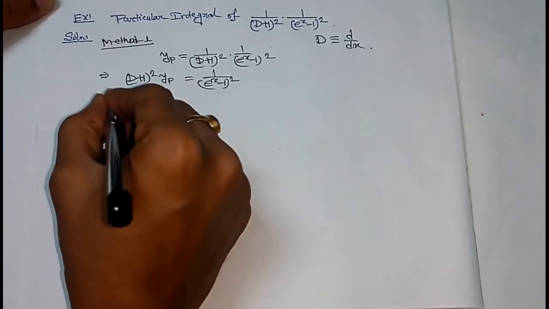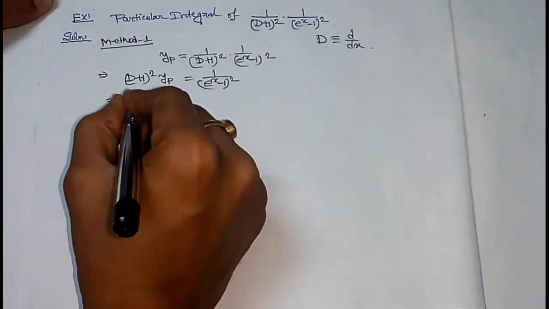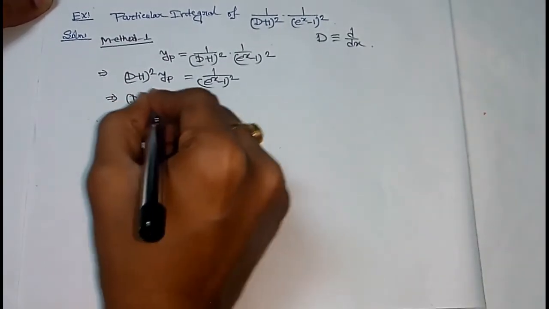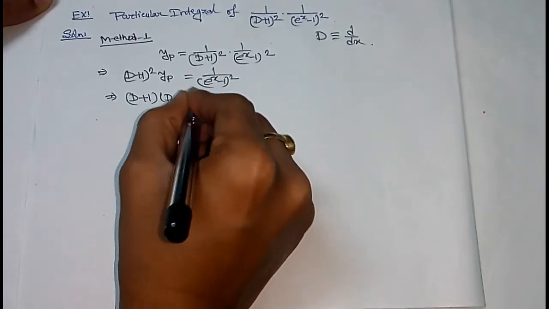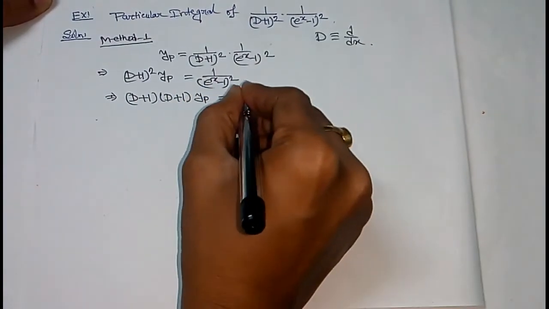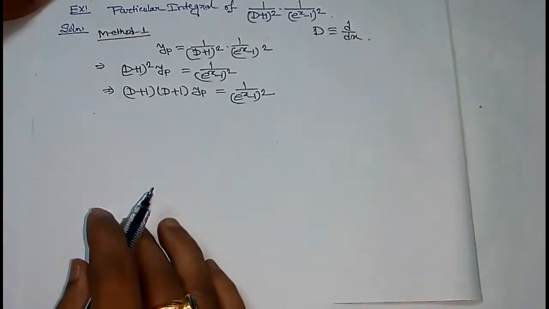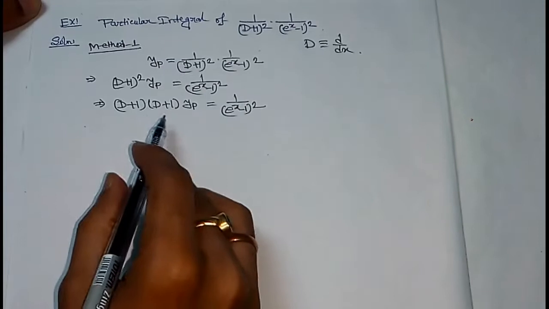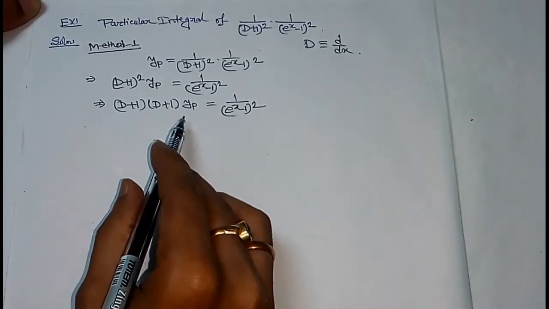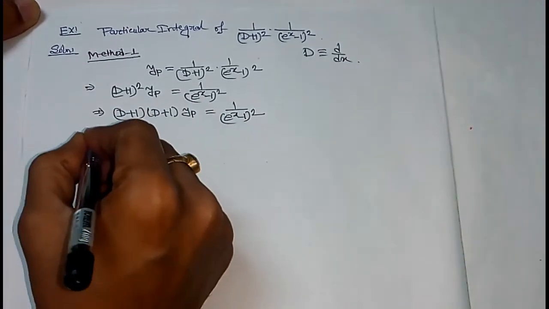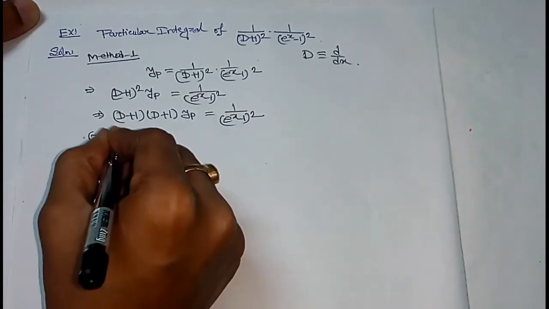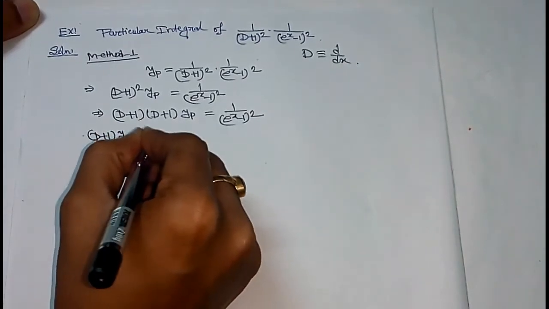Next the operator can be written as (D plus 1) into (D plus 1). So now let us assume that (D plus 1) yp is equal to zp.